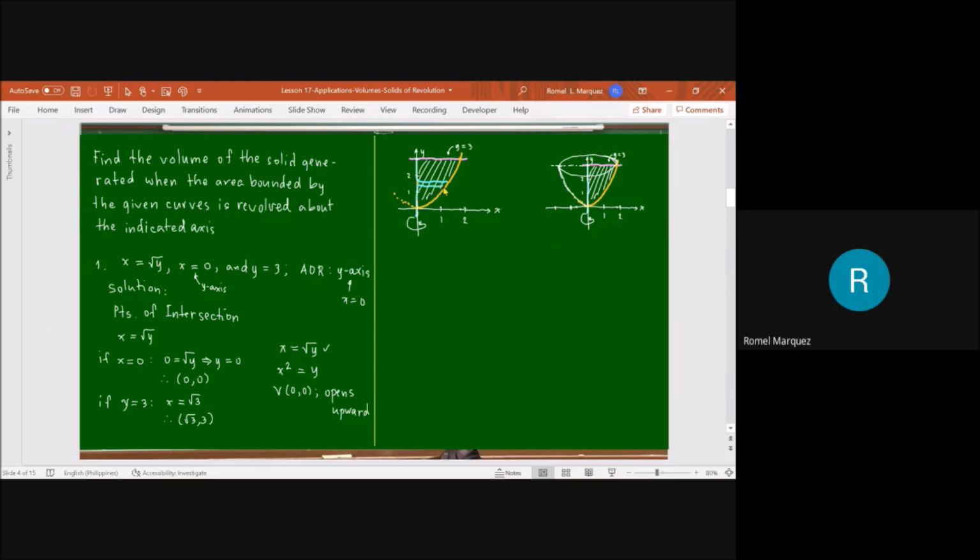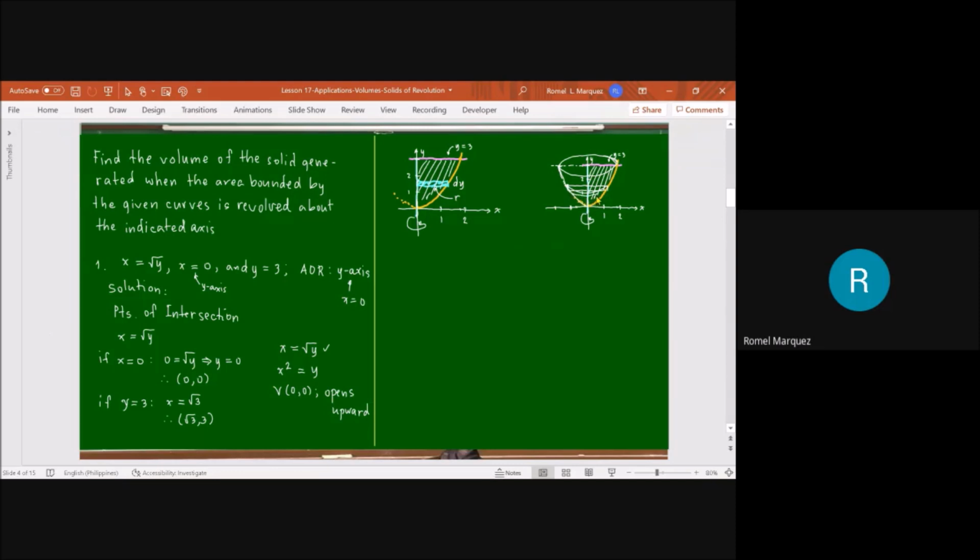So the thickness, our dt, this time is dy. And this is the radius. When revolved, it will form what we call a disk. So let's say this is the disk that we form.